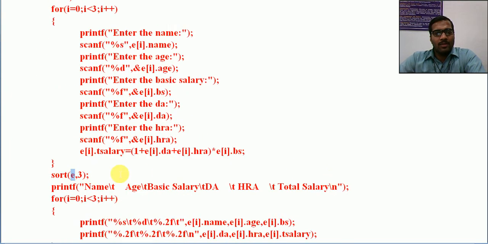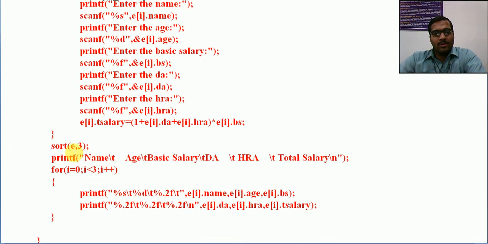So just look at the previous function call. While calling, I am calling sort(e). So the structure e, the entire e array of structures, is passed there. There it is doing some modification, sorting and changing. The same will be affected on this e also. Why? Because we are passing the name of an array e. When we are passing the name of an array, we are passing a reference.